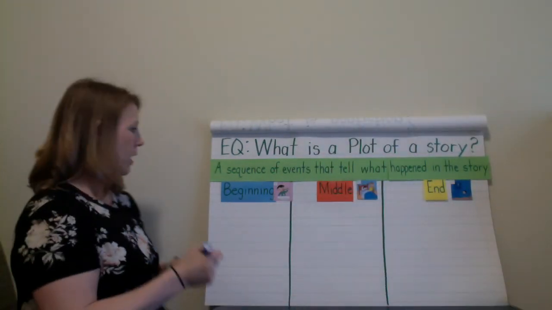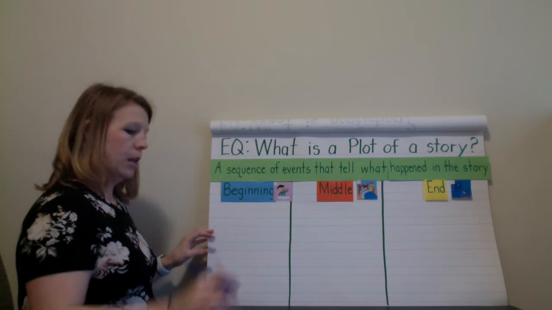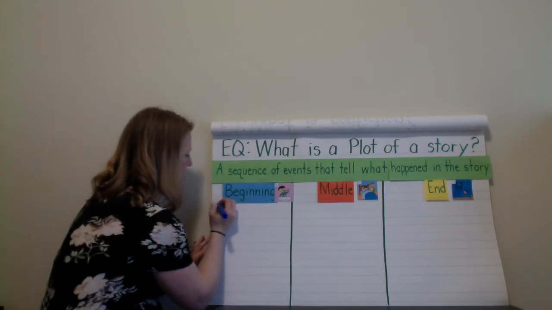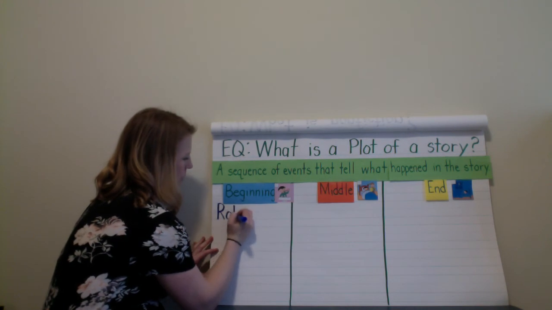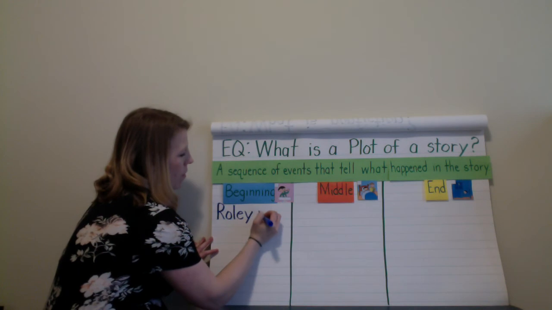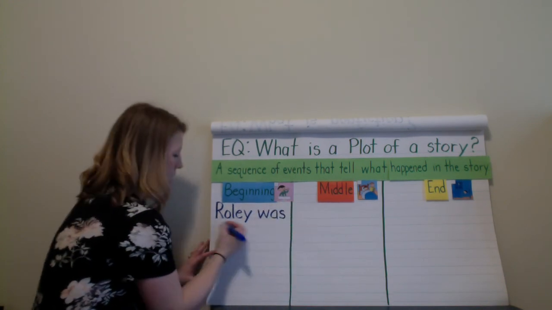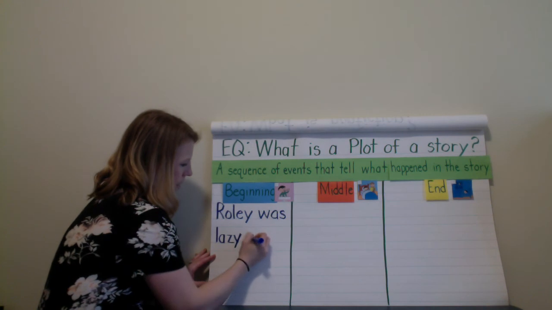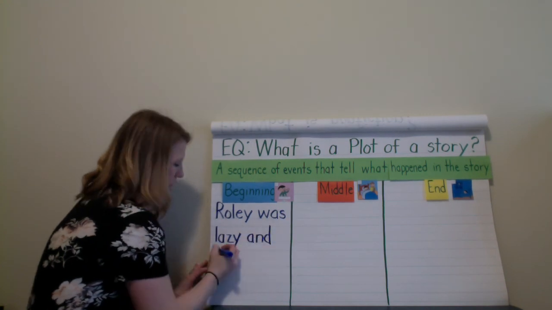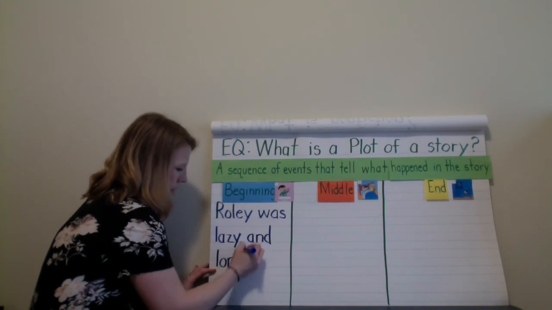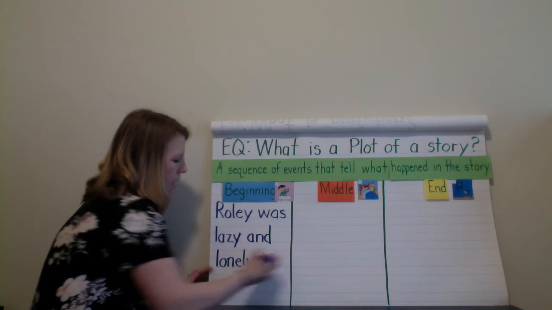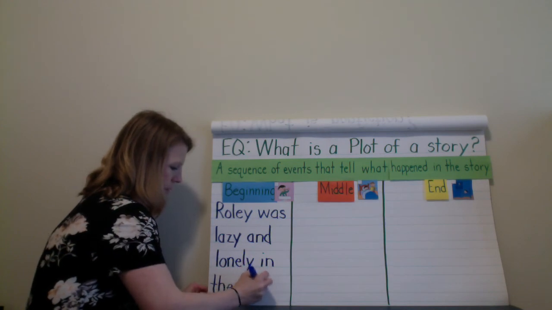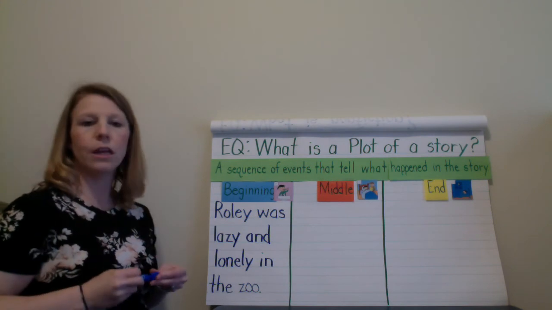So I'm going to write Rolly. My mistake, I keep calling him lazy instead of his name. Rolly was lazy and lonely in the zoo.